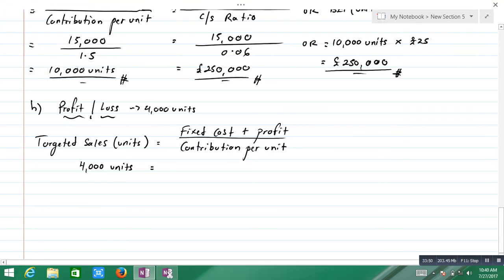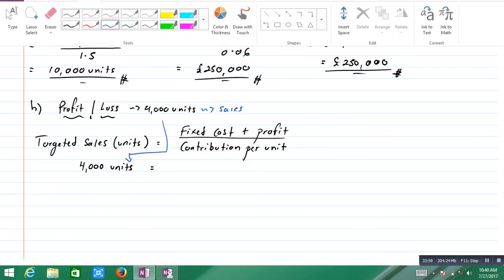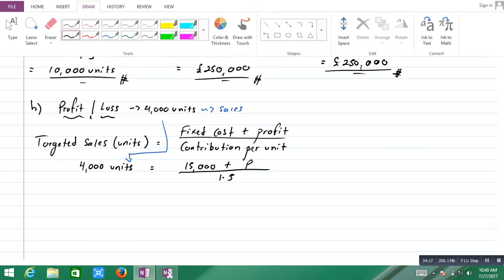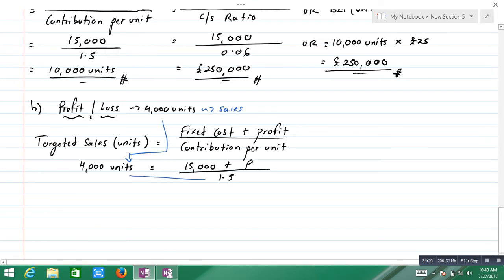How much you're going to get? 1.5 times with 4,000, you will get 6,000, equivalent to 15,000 plus profit. Now when the P comes here, okay, remember you have to take 6,000 minus 15,000.